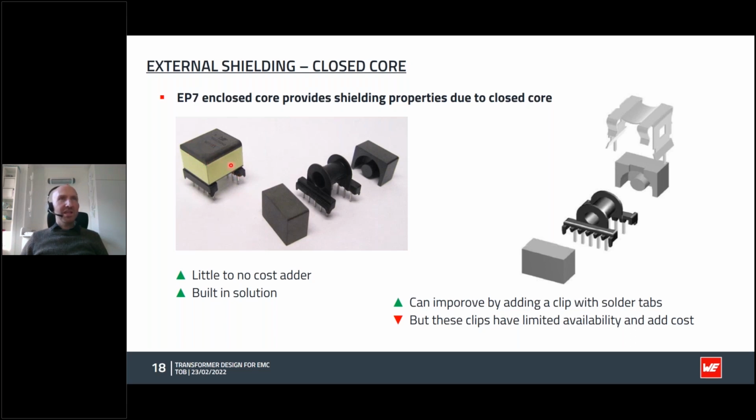This one, the EP style core, is no extra cost because if we're using that core anyway, it's a built-in solution and can be very good. Even to improve that, we can add a clip with some ground tabs and solder that to the local ground to make it even better.